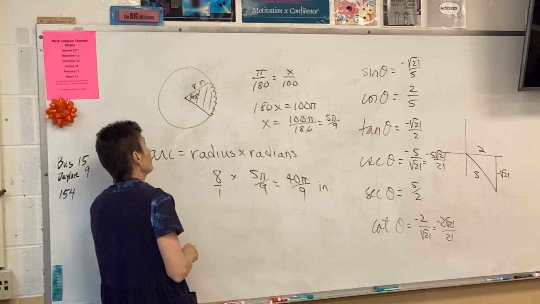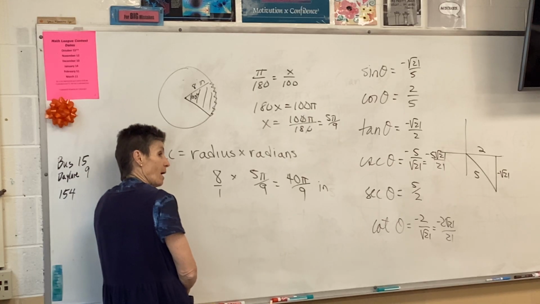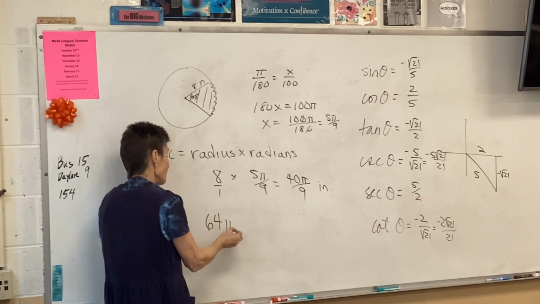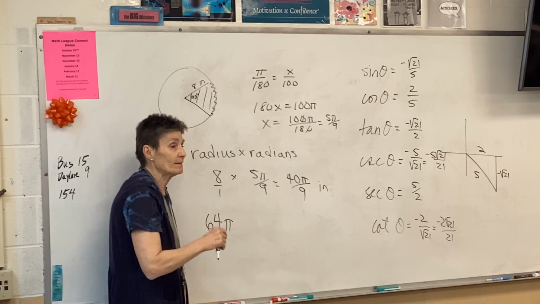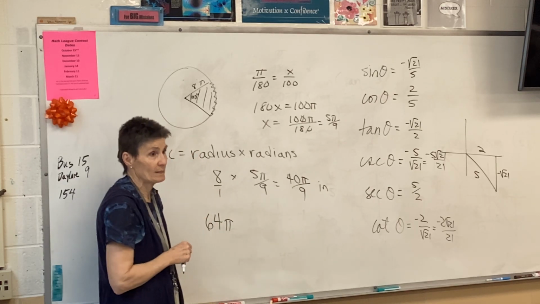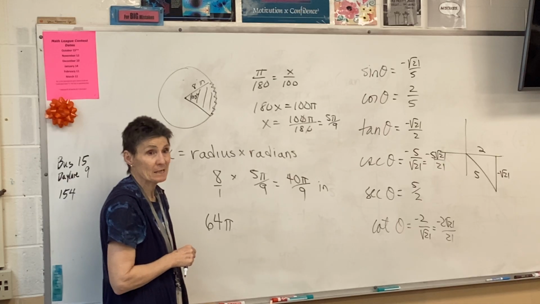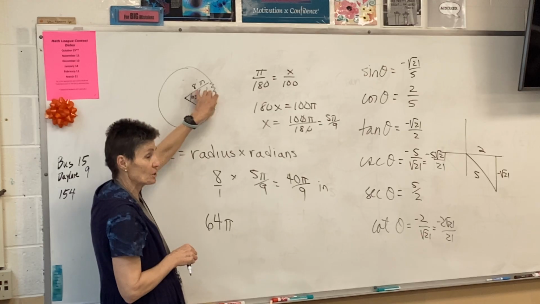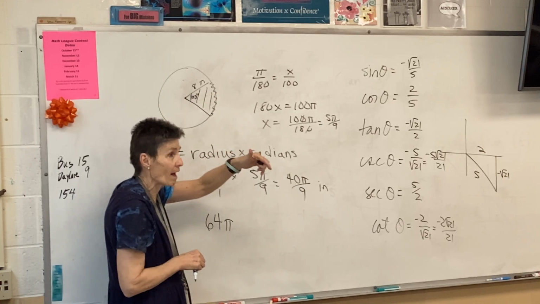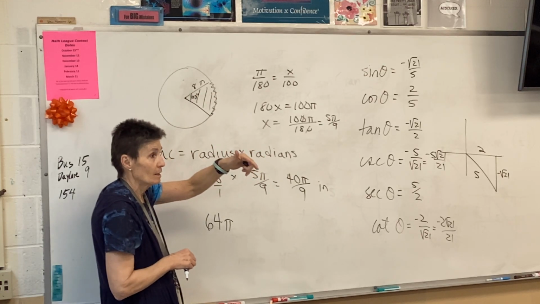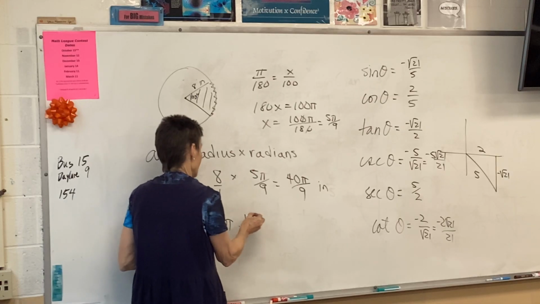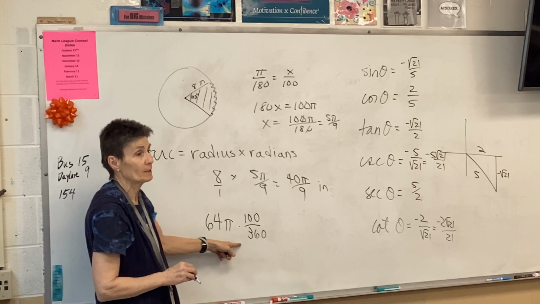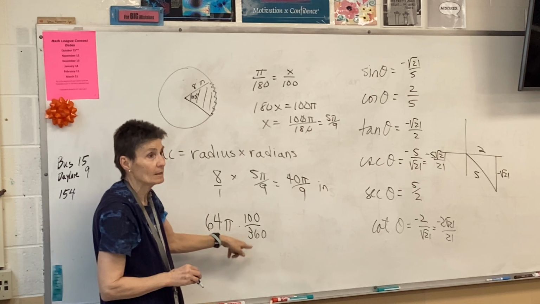Area of the whole circle would be what? Pi r squared. So 64 pi? Yeah. If we ate the whole pie, that's how much we'd eat. But we're not eating the whole pie, we're eating only this piece of it, which is what fraction? It's not half, it's 100 over 360. That's the fraction of the pie that we are eating.